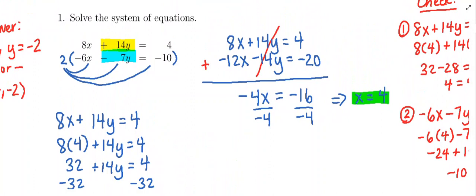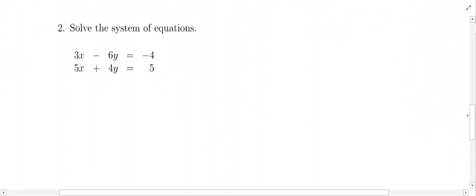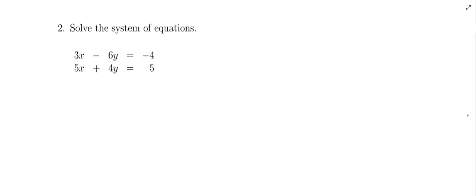So if you just multiplied that negative 7y by positive 2, that term would turn into negative 14y, which would cancel with the 14y. Here, if you're comparing your x pieces and your y pieces, it's not as obvious. So it's kind of a tie here as far as difficulty, in terms of either eliminating the x or eliminating the y.